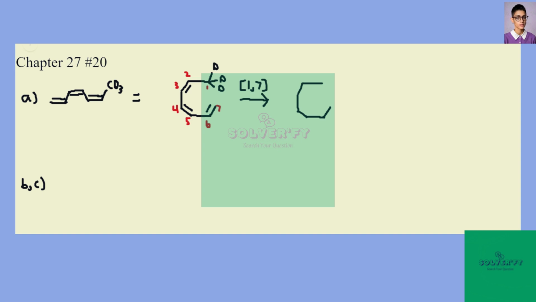And we can draw the electrons moving. Those electrons will form the new bond with the deuterium carbon. Bond electrons can go there as that bond breaks. And then the rest of the electrons in the molecule will move around.